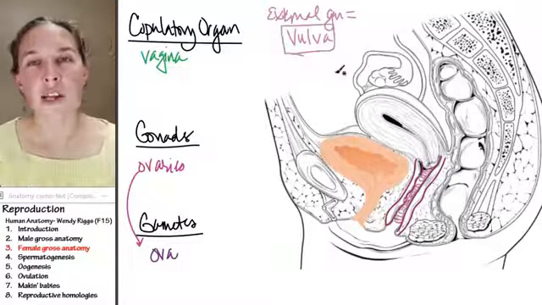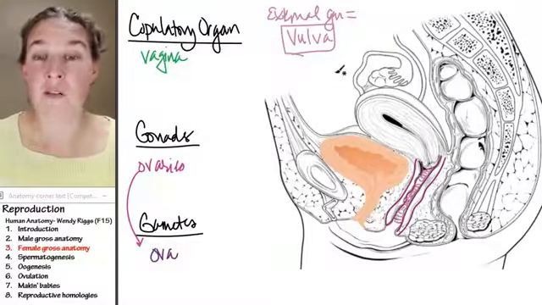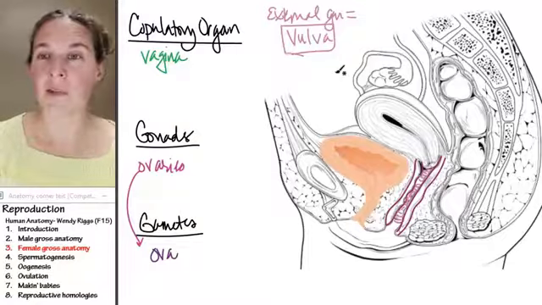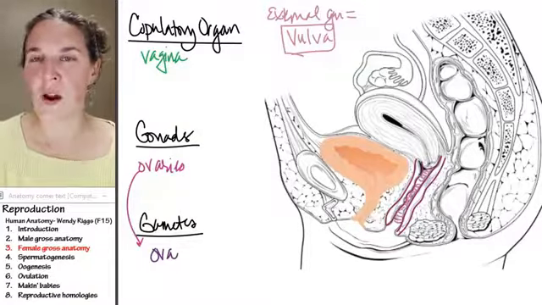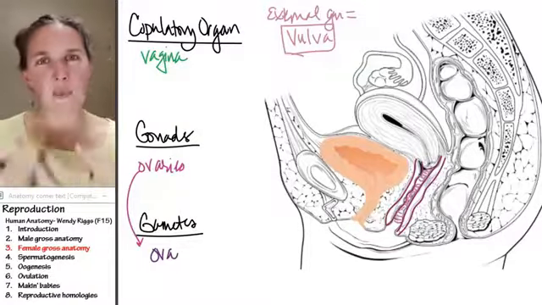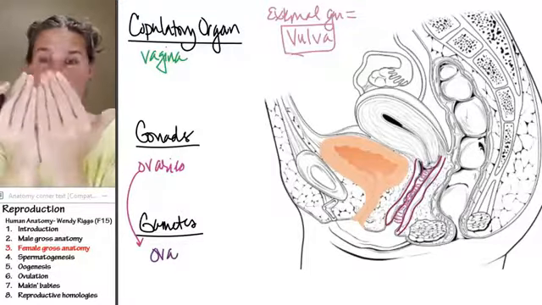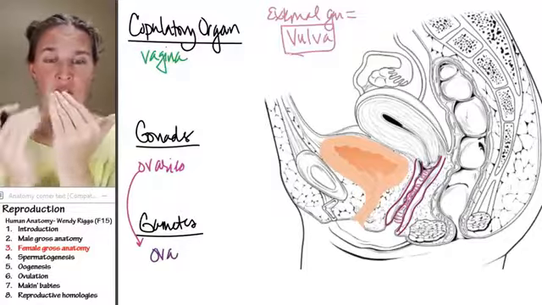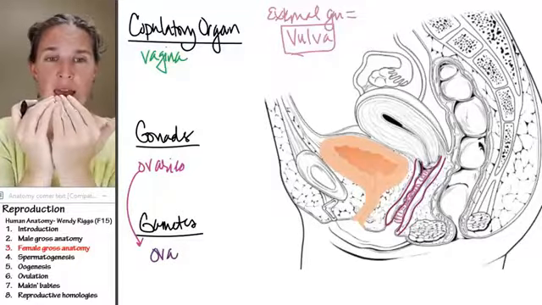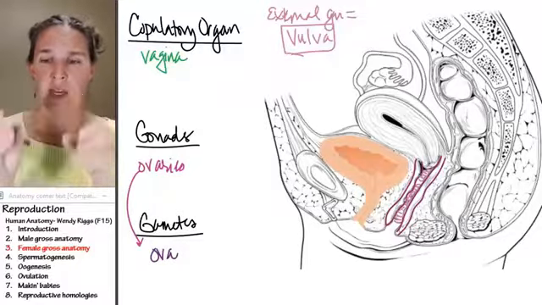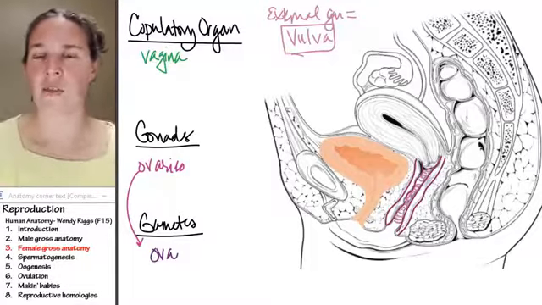And the vulva is primarily made up of labia majora. Labia majora is the pubic hair covered lips that cover up over the vagina. So the vagina is a little hole, and the big lips of the labia majora are sitting right there.